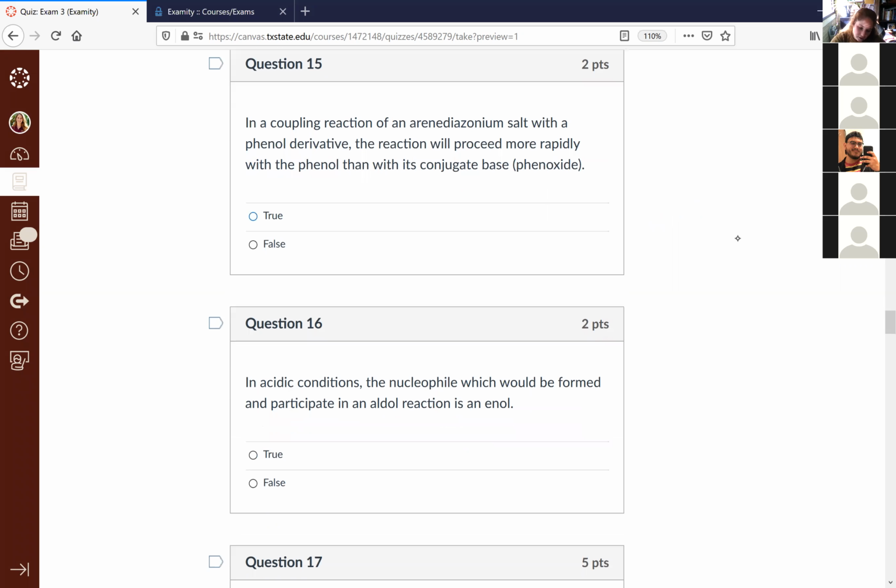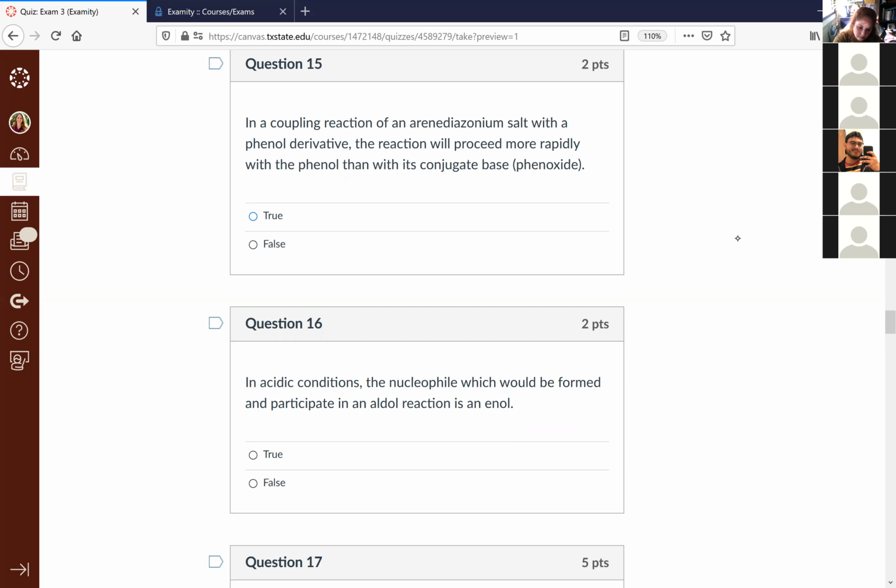In a coupling reaction of an arene diazonium salt with a phenol derivative, the reaction will proceed more rapidly with the phenol than with its conjugate base, phenoxide. I'm not sure.